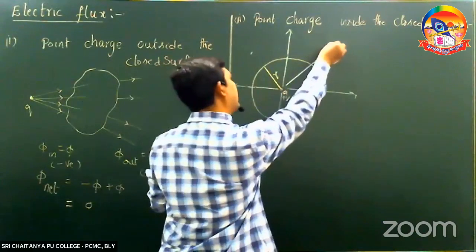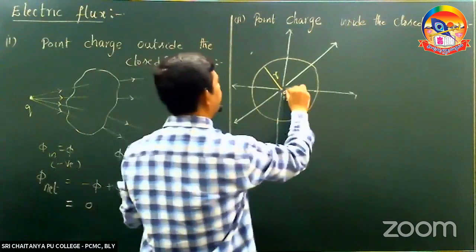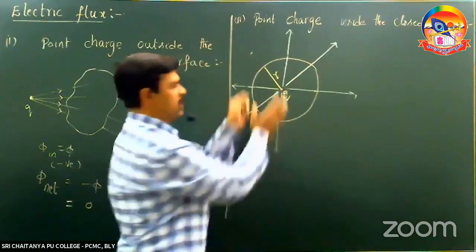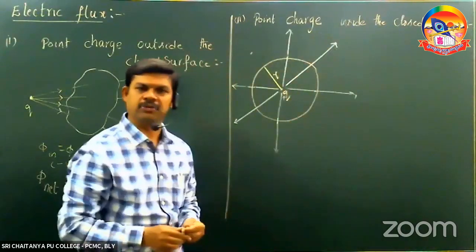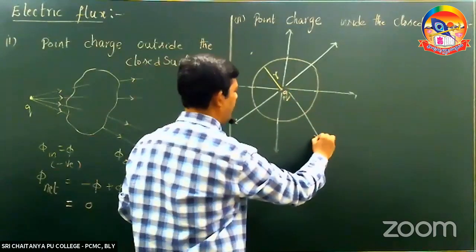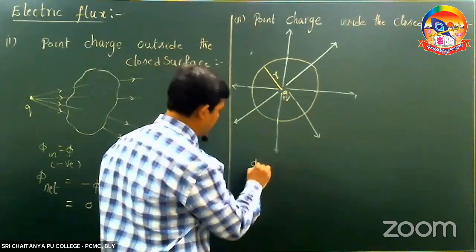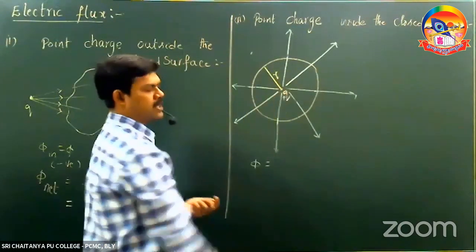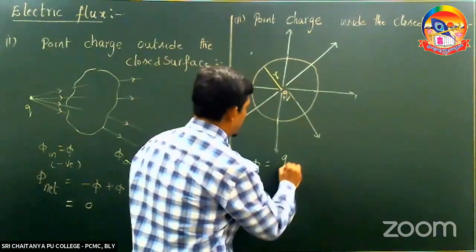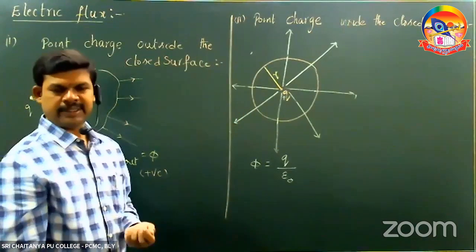You observe all the electric lines of force. We know in the properties we studied, electric lines of force diverge from the positive charge. They go out from the surface of the positive charge. So lines are going out. Outward flux, right? Yesterday we calculated what is that flux, phi. When a charge is inside, that is positive charge is inside, Q by epsilon naught, right?